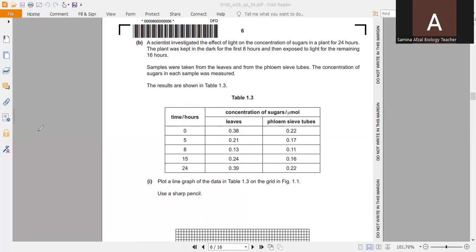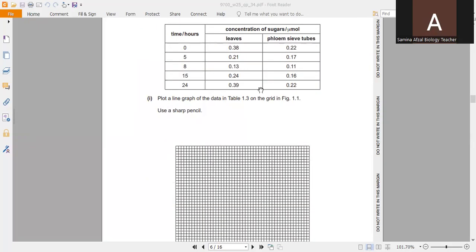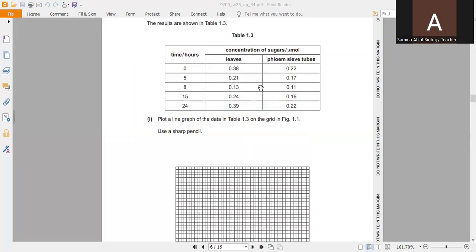Use a sharp pencil. Now we have to draw the graph. So for this purpose, we need this data from the table. With the help of this, we can draw the graph.